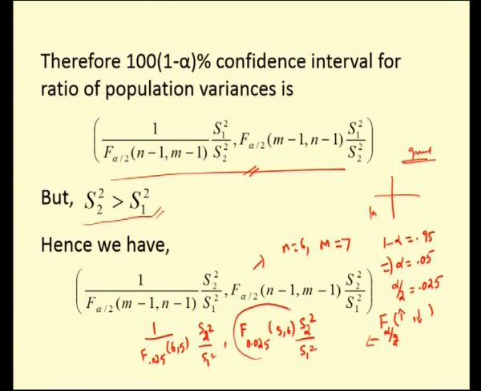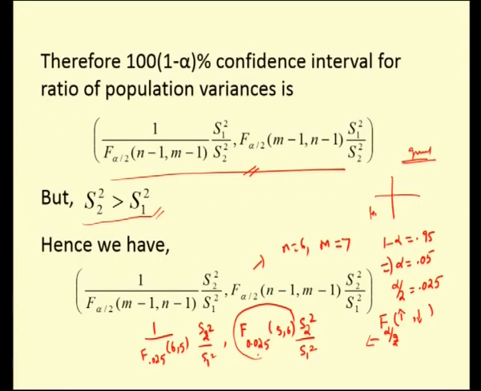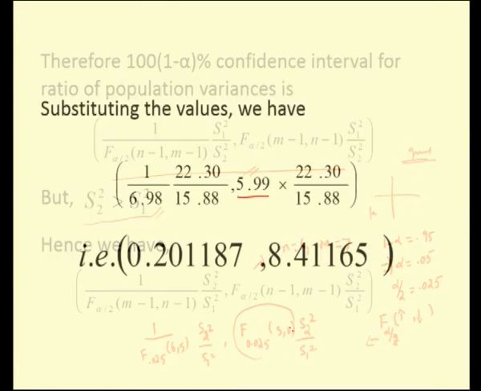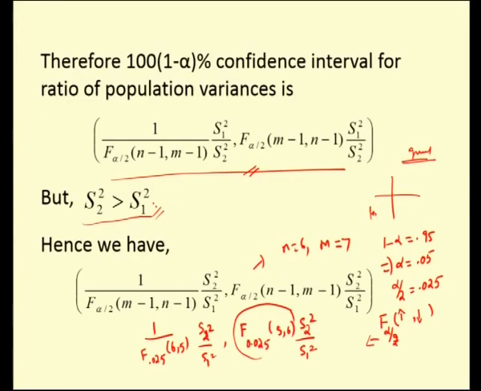Looking into the tables with the appropriate degrees of freedom, you find that 5.99 is the value of F 0.025 with 5,6 degrees of freedom, and 6.98 is the value of F alpha by 2, that is F 0.025 with 6,5 degrees of freedom.